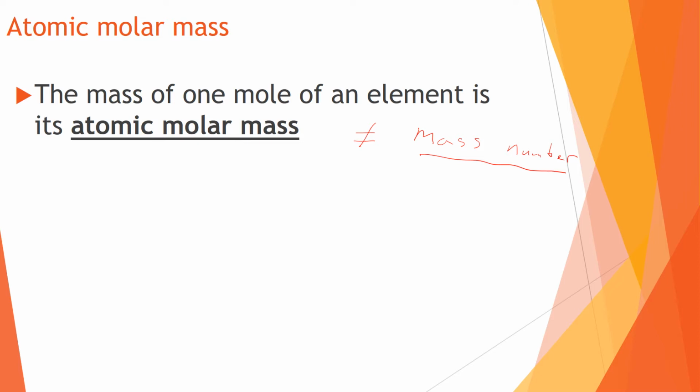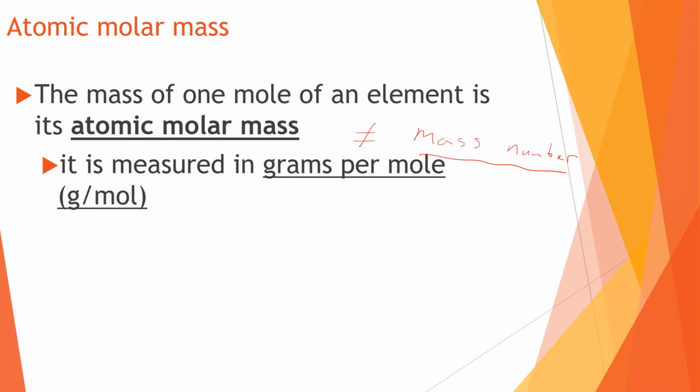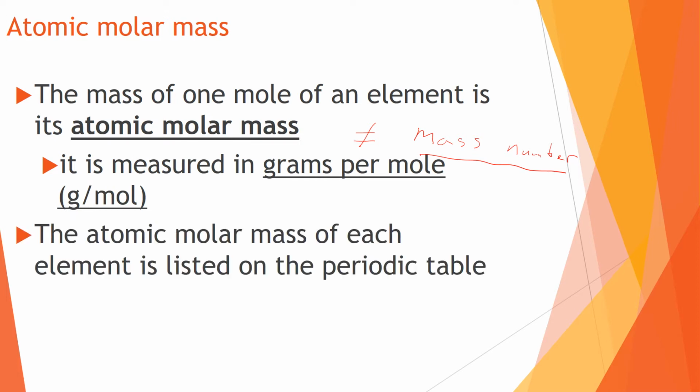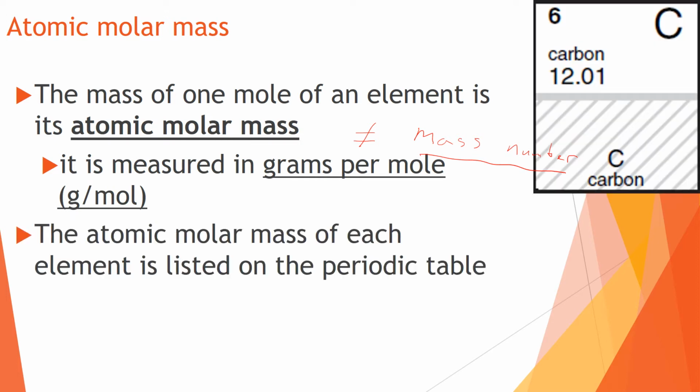The atomic molar mass you're going to find on your periodic table, in the box, and it's going to be a number that has two decimal places. This right here is your atomic molar mass. Remember before, we would round this and that would be our mass number.